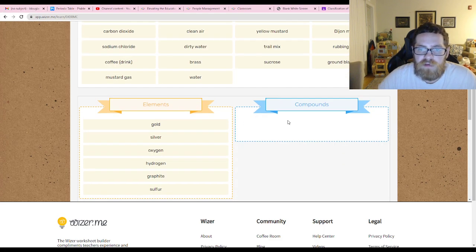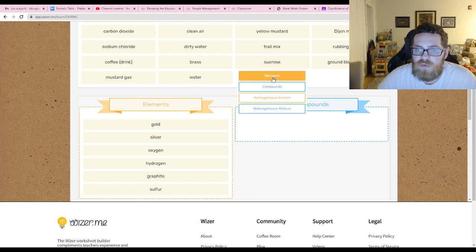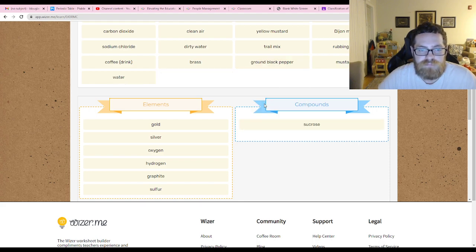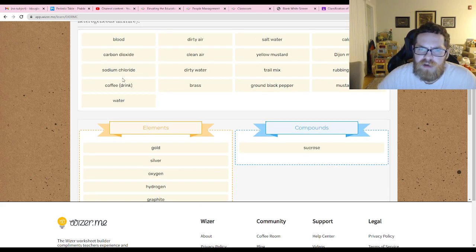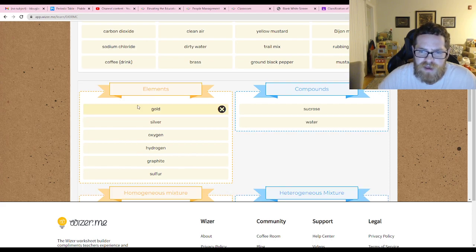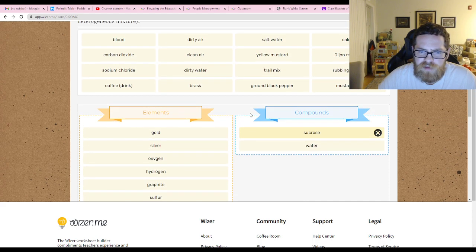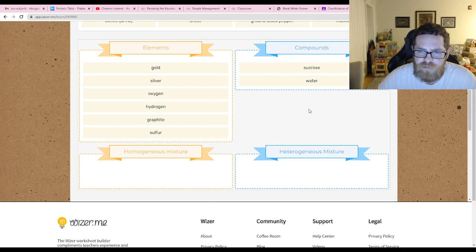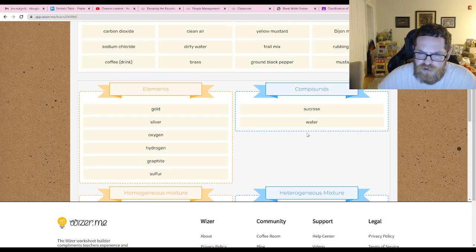As far as compounds go, we're looking for pure chemicals. Sucrose, that's a compound. Water, now this is tough, right? I'm sorry, I should have specified. Let's just assume this is pure water. I might have that in the wrong place, and if so, I apologize. It would either be a compound or a homogeneous mixture. I should have said tap water, so let's assume pure water.